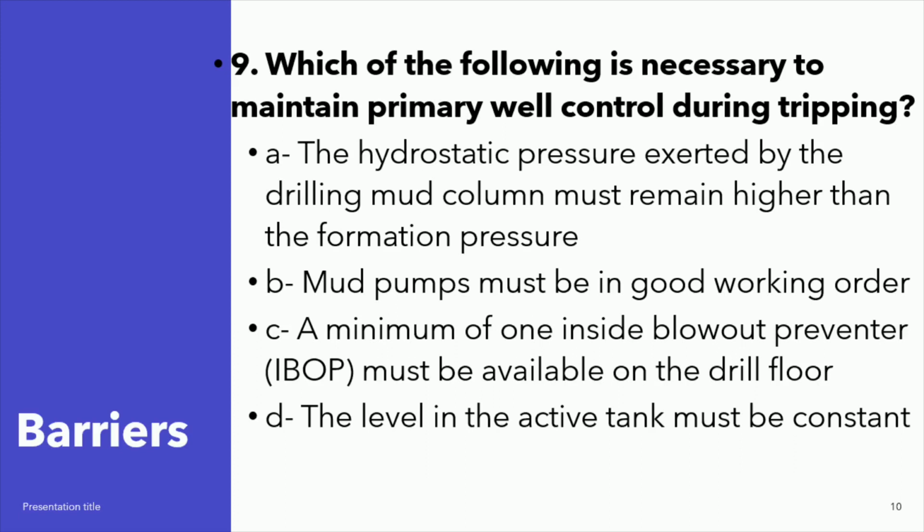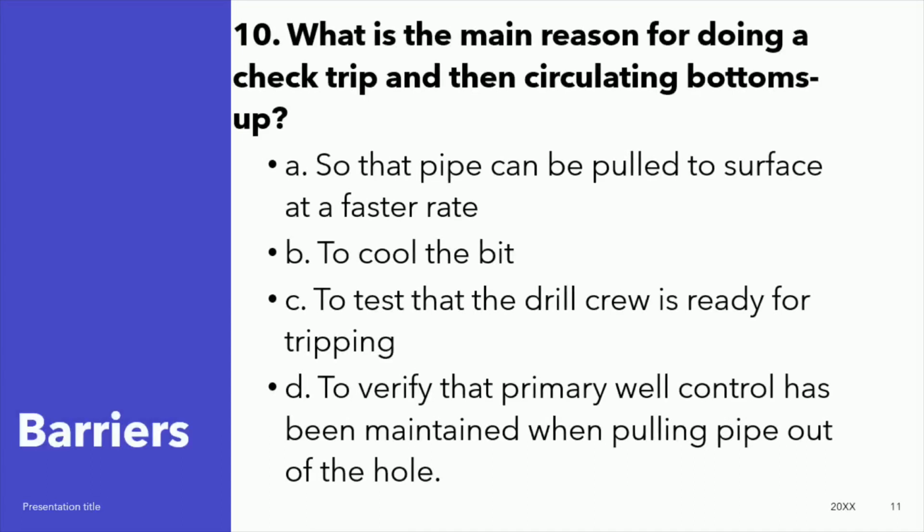The correct answer is A. 10. What is the main reason for doing a check trip and then circulating bottoms up? A. So that pipe can be pulled to surface at a faster rate. B. To cool the bit. C. To test that the drill crew is ready for tripping. D. To verify that primary well control has been maintained when pulling pipe out of the hole. The correct answer is D.